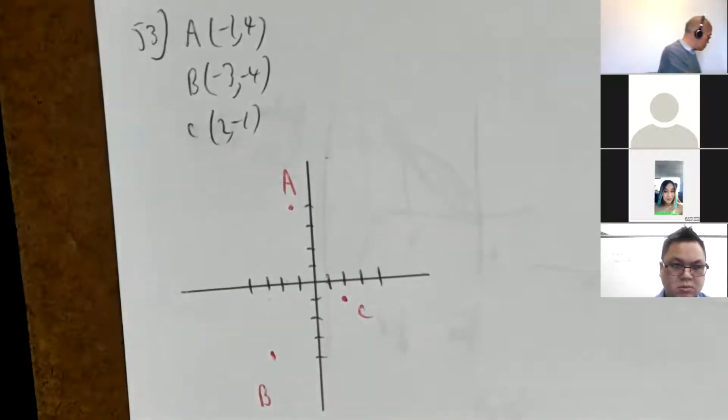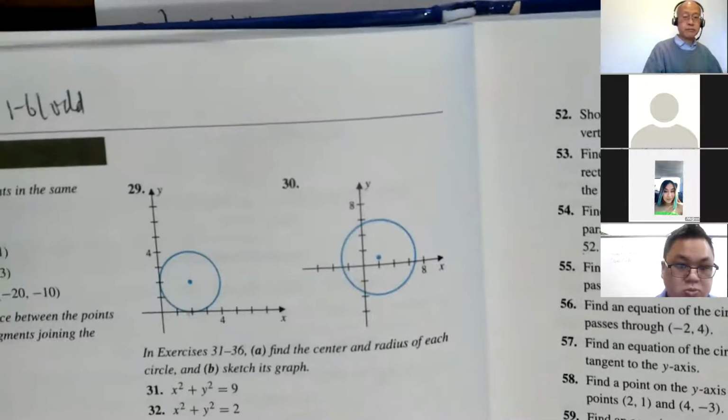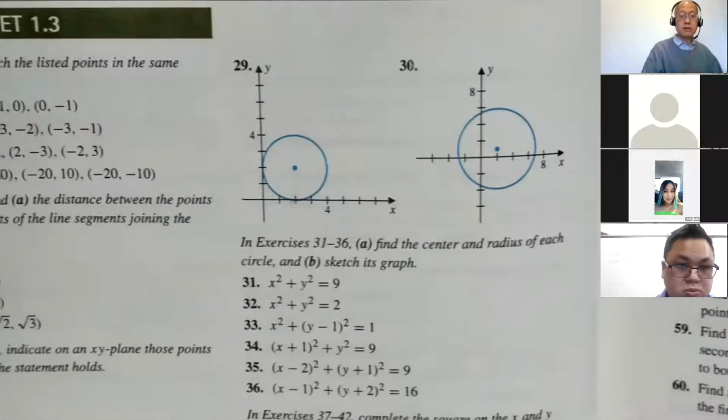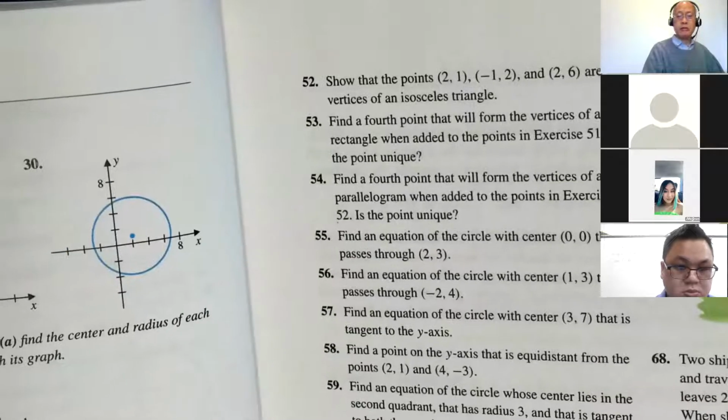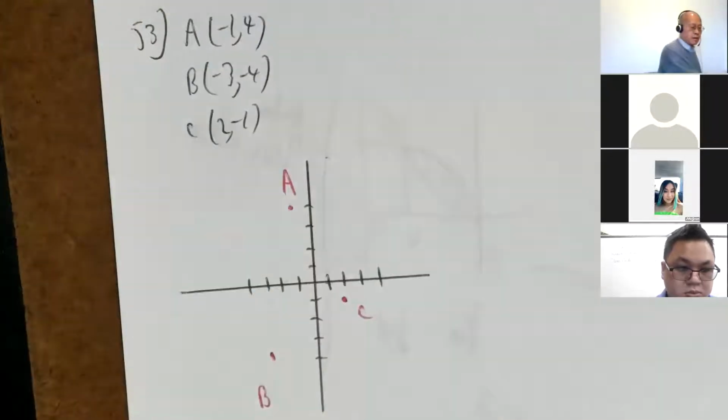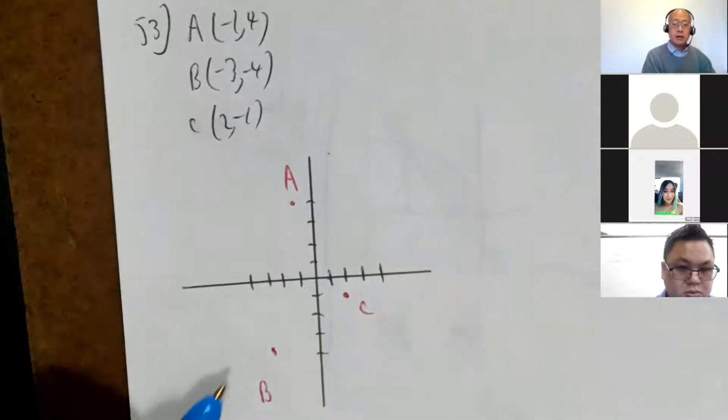Okay. So now it says what? Find a fourth point that will form the vertices of the rectangle and add to the points in exercise 51. Is the point unique?